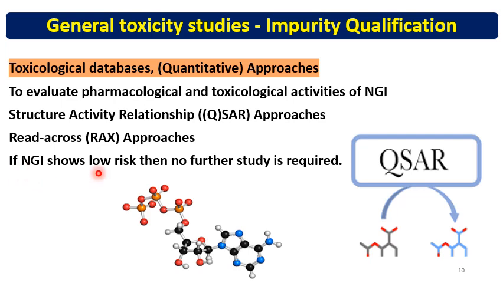If NGI shows low risk, then no further study is required. See here, if your impurity is higher than the qualification threshold, and from these approaches you find that the NGI has low risk, then you can stop the study there itself and move on.